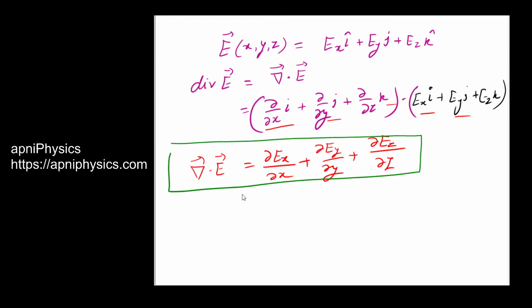Right? So here you have seen that divergence of E is the variation of the electric field component along the X direction, and similarly for the Y component along the Y direction, and the Z component along the Z direction. Remember it, Ex, Ey and Ez are the electric field components along the X direction, along the Y direction, along the Z direction.